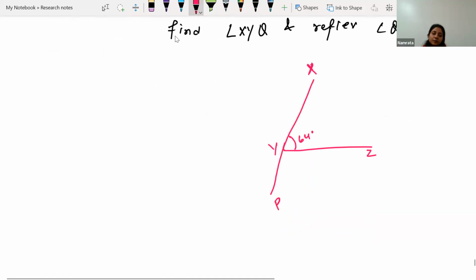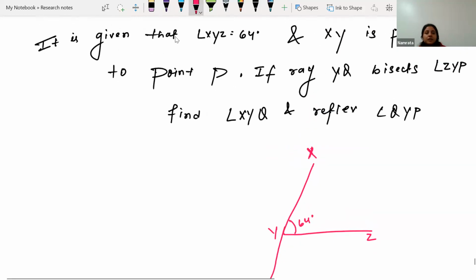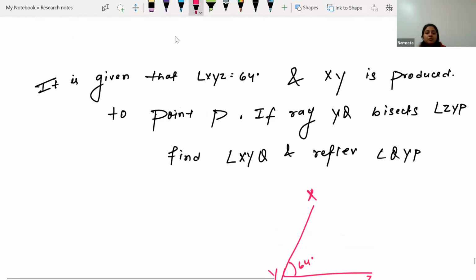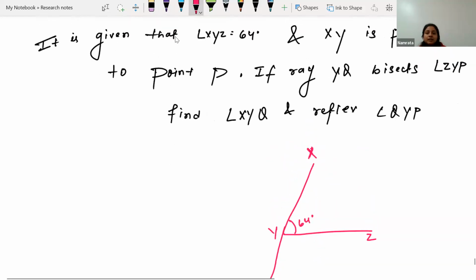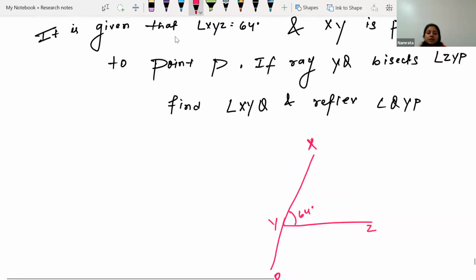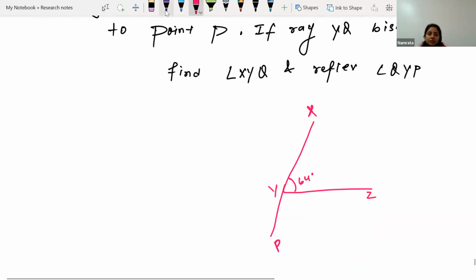Till point P. If ray YQ bisects ZYP, so this angle ZYP is getting bisected. This angle and this angle are the same. It is getting bisected. That's the meaning of bisect.